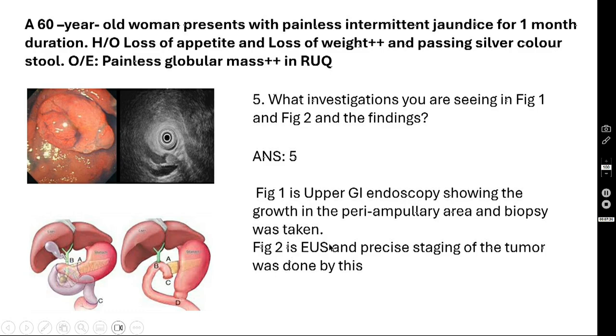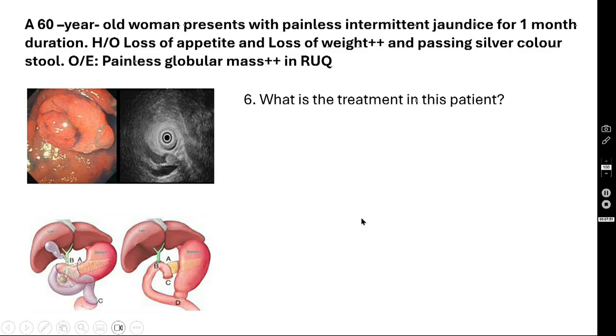This is the best investigation for precisely staging the tumor. Layer by layer you can see what the invasion is. Is it developing only from the mucosa, invading the muscularis or submucosa? Everything you can accurately stage by doing endoscopic ultrasound.